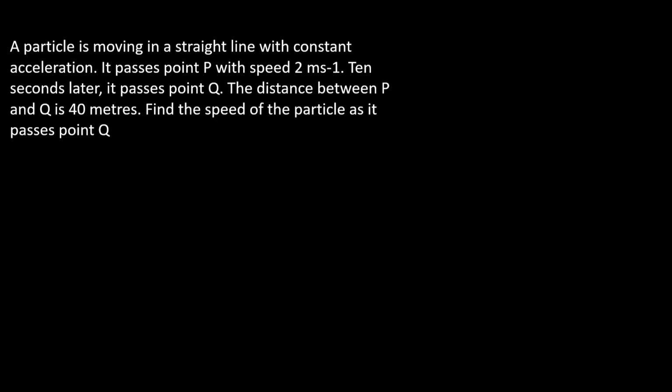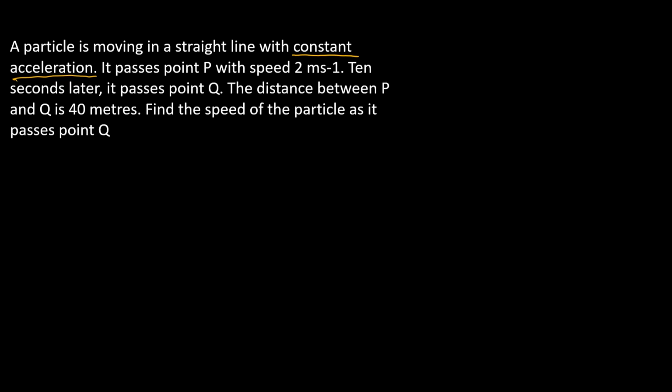So the question says, a particle is moving in a straight line with constant acceleration. Now, take note, constant acceleration. It passes point P with speed 2 meters per second.